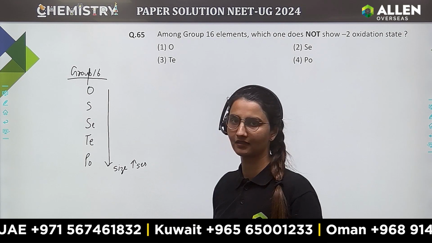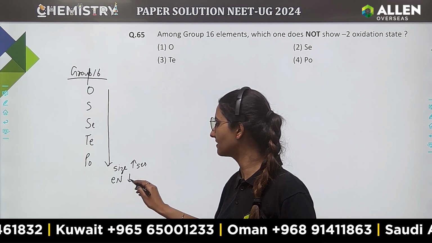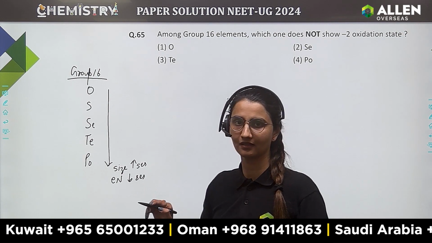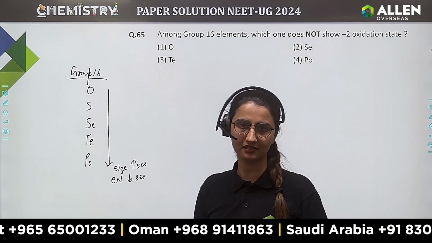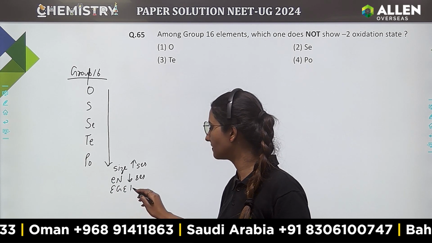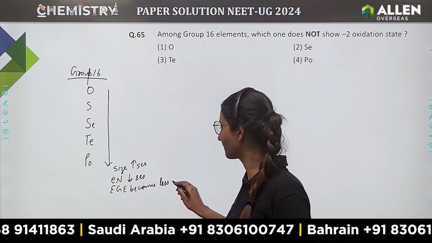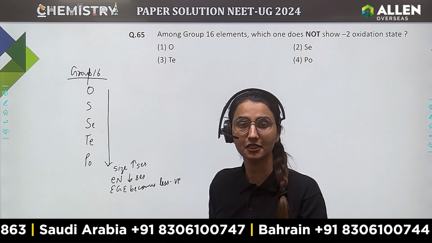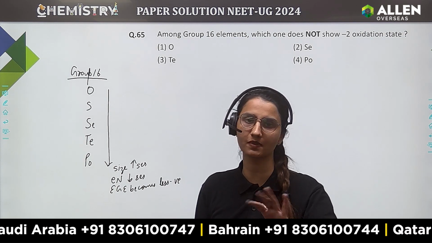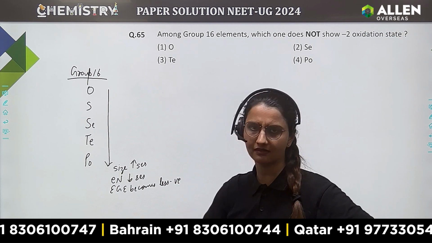If size increases, electronegativity decreases. Tendency to pull electrons decreases. Electron gain enthalpy becomes less negative.